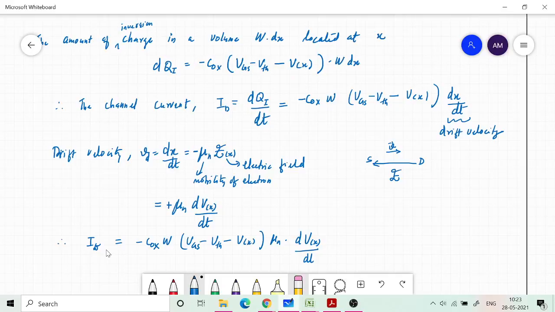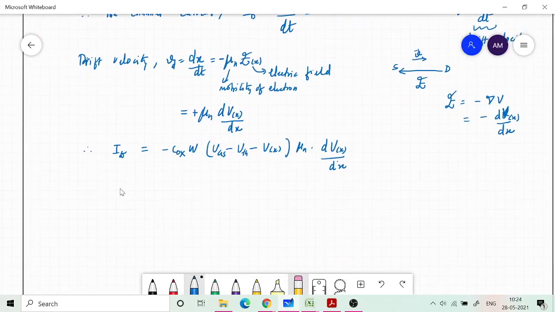Sorry, the gradient of potential is not dt. Dt means time change. So the electric field is basically equal to minus del V, where del is dou by dou x, so that is dV of x, capital V, by dx. So it is dx here.